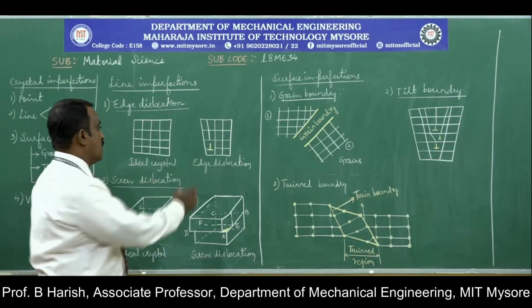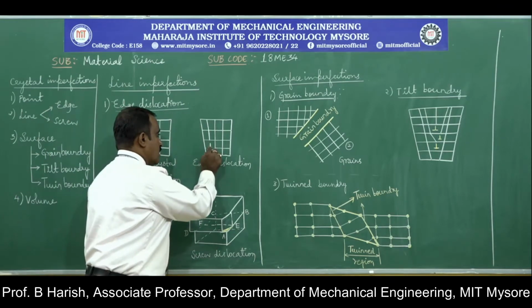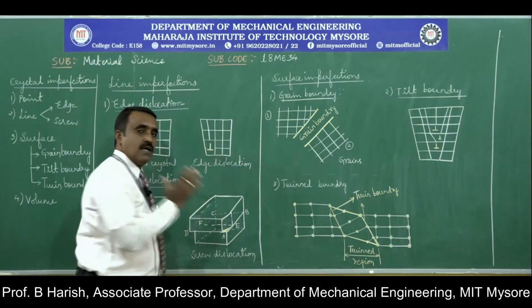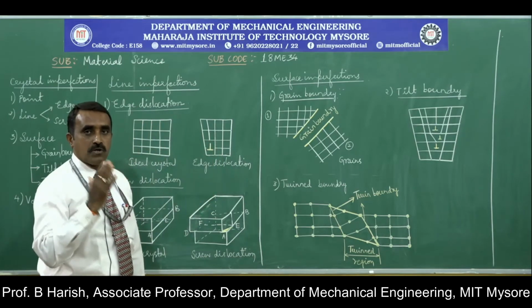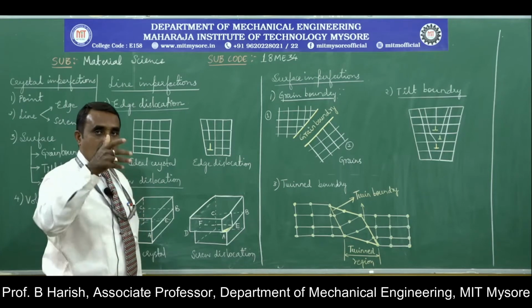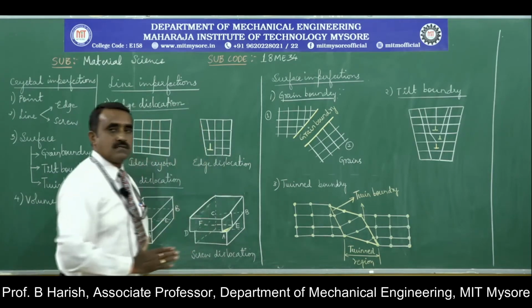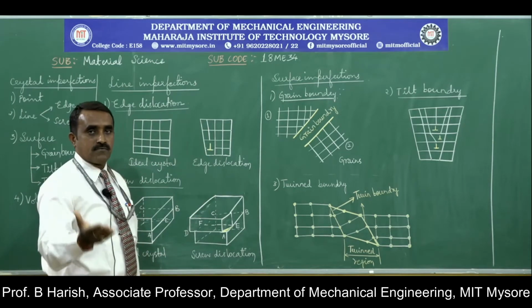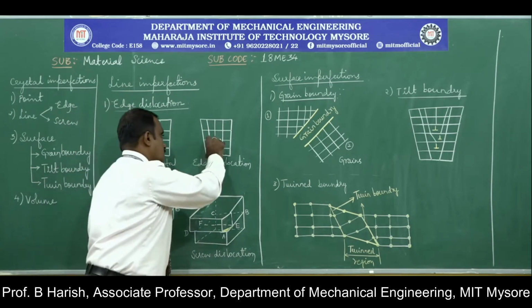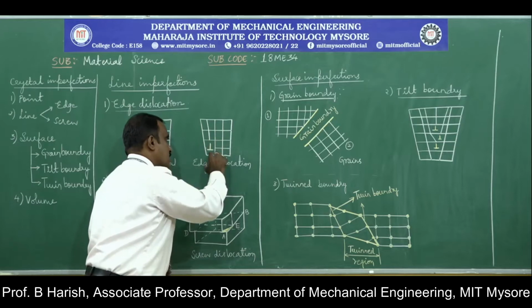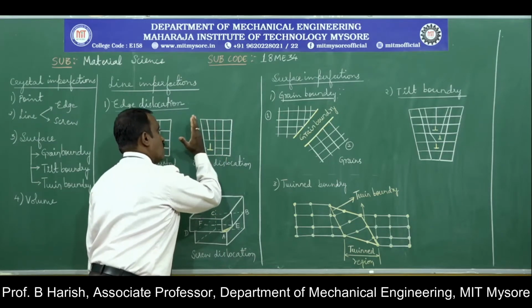In edge dislocation, if you observe this figure, this atom and this atom are dispersed from their original position. It means not one atom, but more than one atom along this vertical axis is dispersed from its original location. Since a set of atoms is dispersed here, there will be variation on this edge.